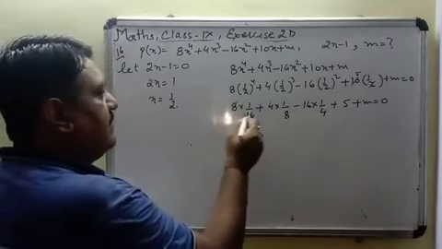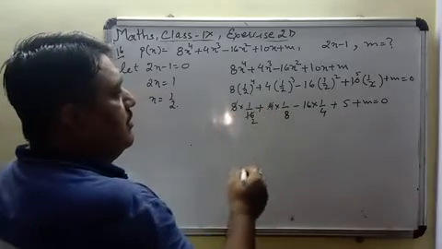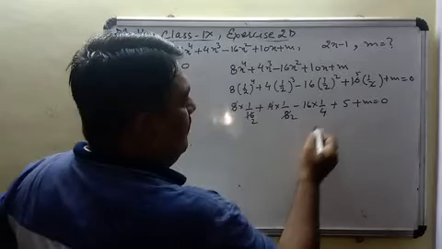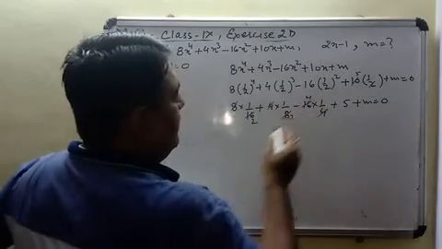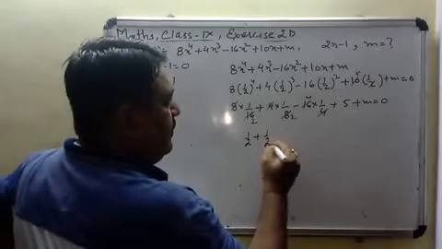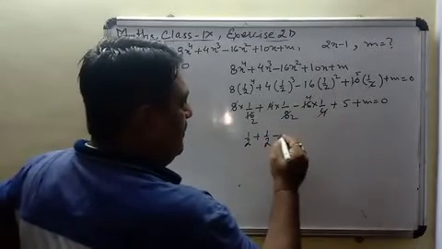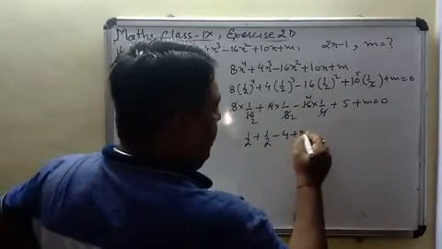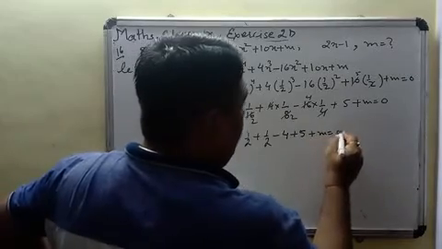Now see here, 8 1s are 8, 2s are 4, 1s are 4, 2s are 4, 1s are 4, 4s are. This will become 1 by 2 plus 1 by 2 minus 4 plus 5 plus m equals to 0.